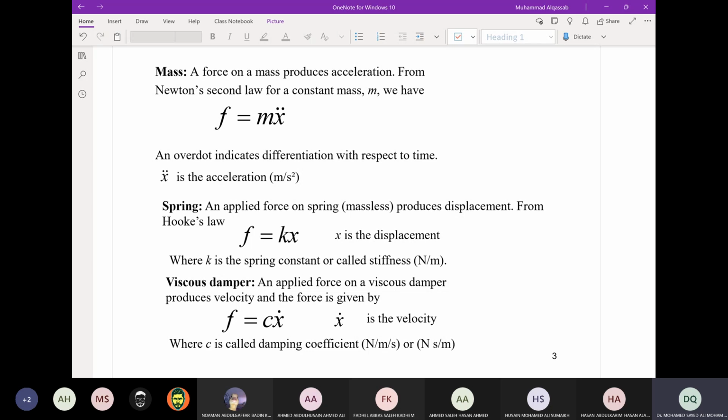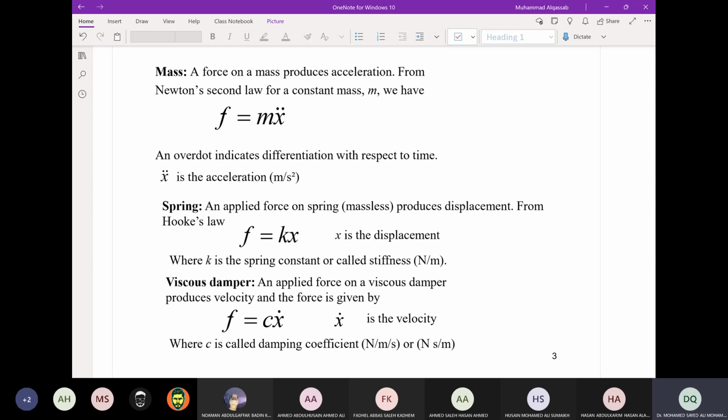So we substitute the definition of a, which is the double dot, that is d square x by dt square. This is the acceleration, and the reason is that a is unknown. In dynamics, we did that a is either 0, which we call uniform motion, or a equal to constant.